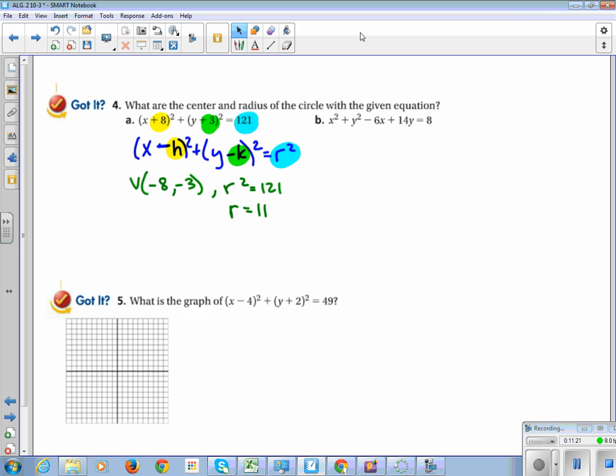All right, so a little bit harder. If you look at this equation up here, it is not written in this nice format. Darn you, book. So we have to complete the square to get it to be in standard form. So we're going to group our x's together and our y's together.